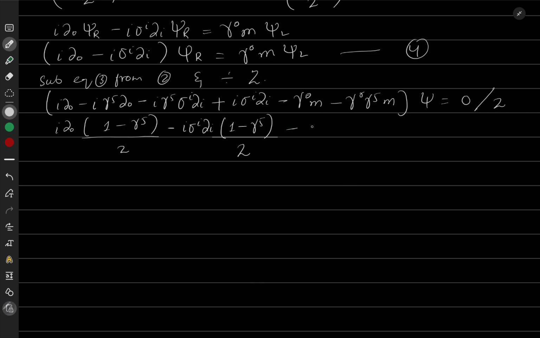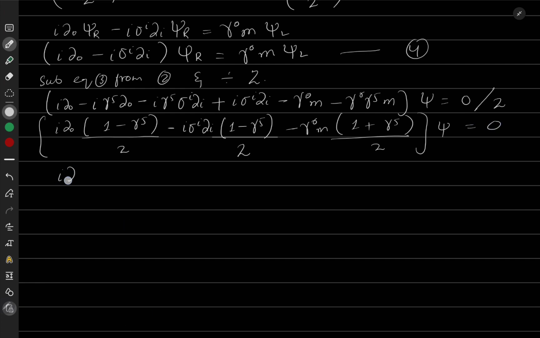Anyway, I take minus gamma 0 m common and I will get 1 plus gamma 5 upon 2. And everything is multiplied by psi is equal to 0.